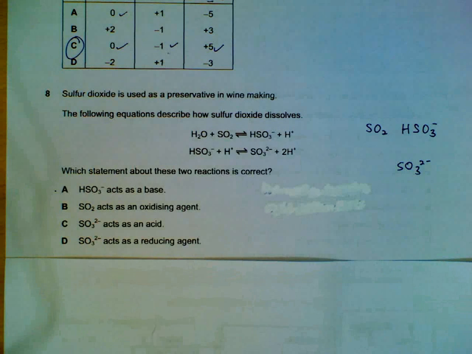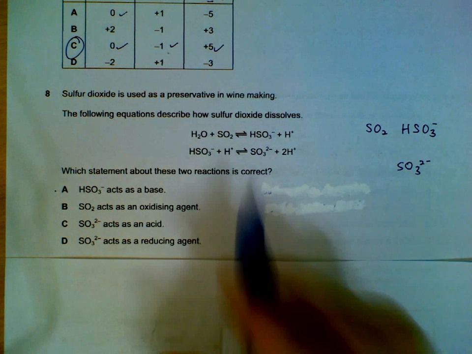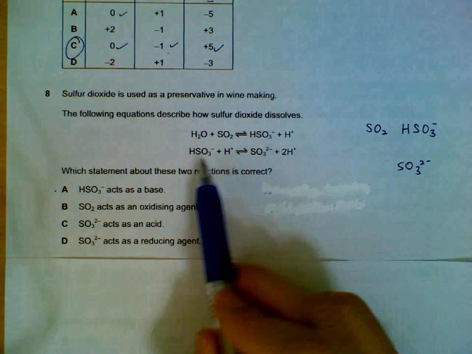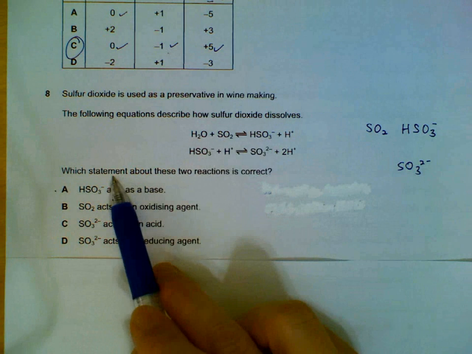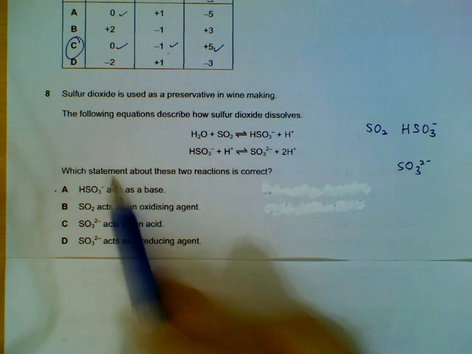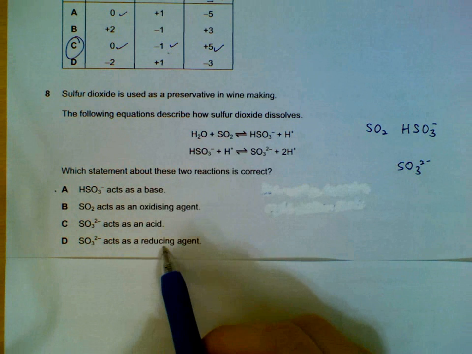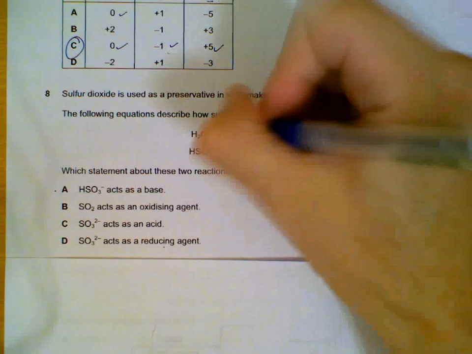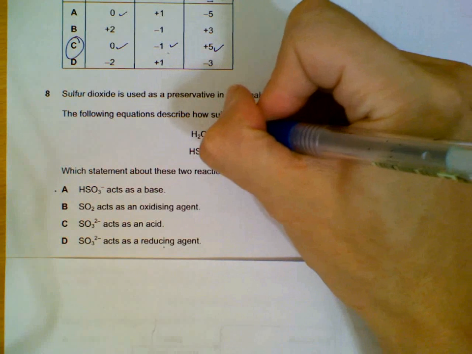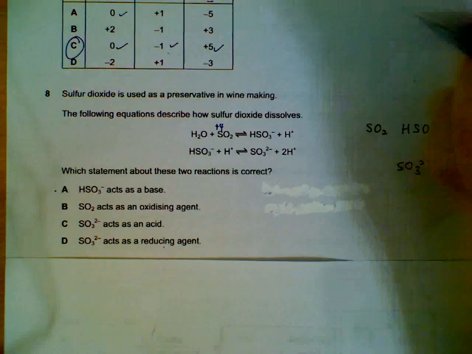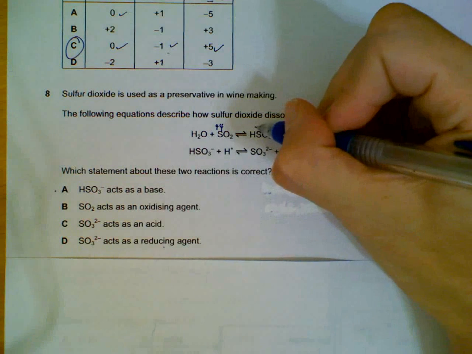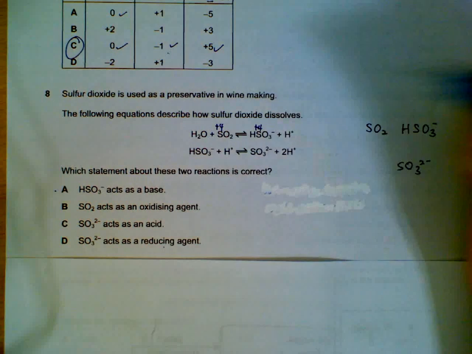Number 8, sulfur dioxide. There are two reactions. Which statements about these two reactions is correct? We can check the issue of oxidizing and reducing first. Okay. We just use sulfur as the example. Sulfur here will be +4. Inside here will be +4.